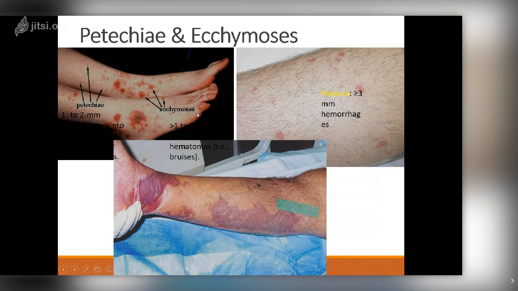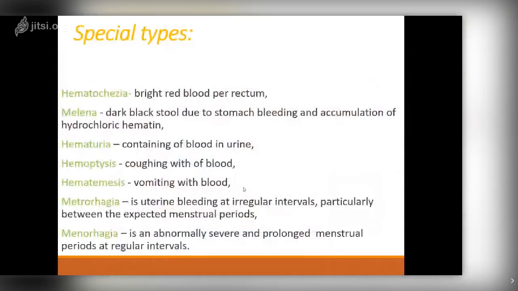Ecchymosis or bruises, larger hemorrhages approximately 1-2 centimeters in diameter. And hematomas are, as I told you already, a huge collection of blood in the tissues with their destruction.